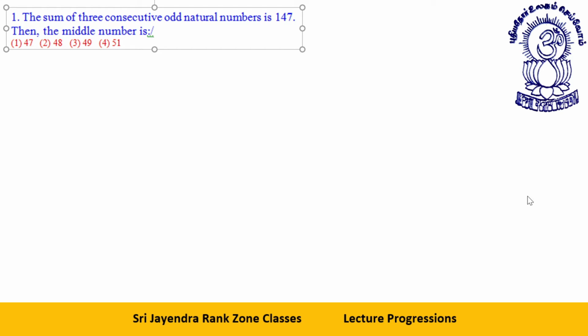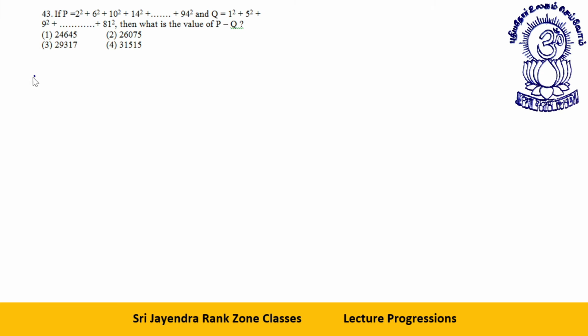See, we have the first question now. P is equal to 2 square, 6 square, 10 square, 14 square up to 94 square. Q is equal to 1 square plus 5 square plus 9 square up to 81 square.